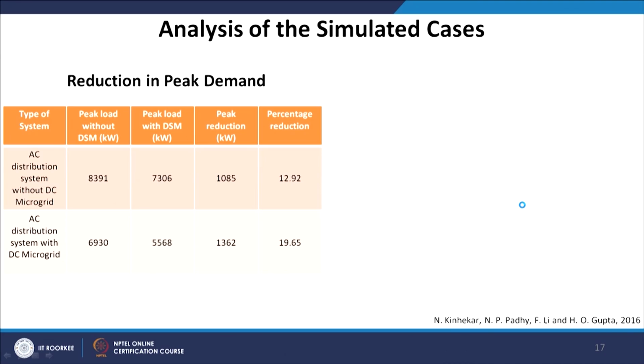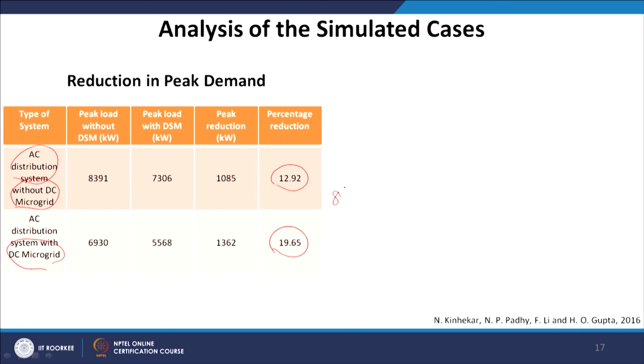Now, similarly, if you see the results, it is very clearly shown that if your AC distribution system does not have a microgrid in place, then you can achieve the peak reduction maximum up to 12% for a specific case study, and if you have DC microgrid in place, then the peak reduction could be as high as 20%.